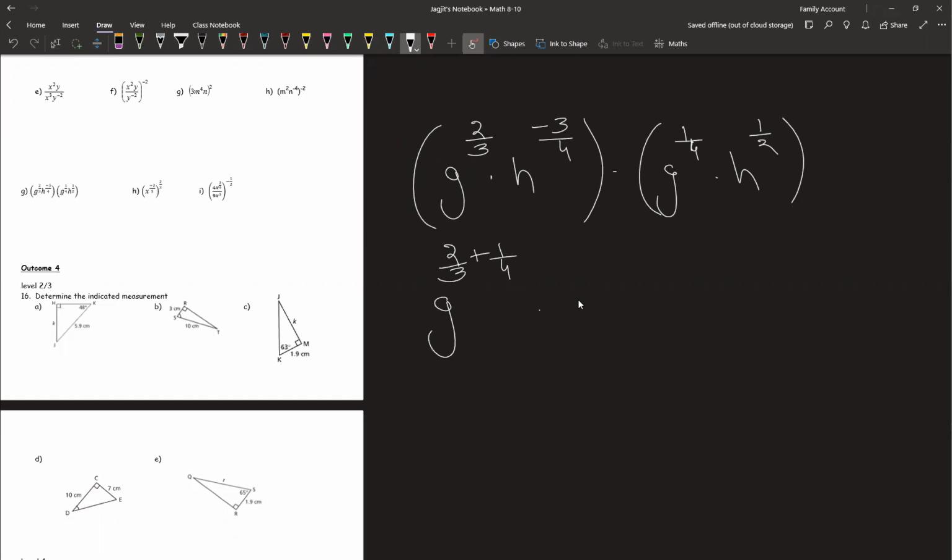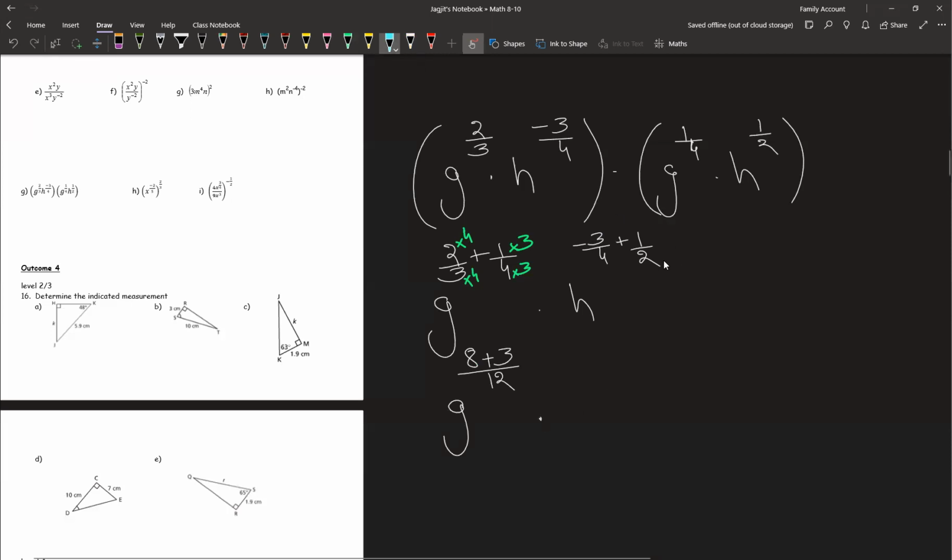And you would add the powers of the h terms. So that would be minus 3 over 4 plus 1 over 2. Clearly, we got to get the common denominator. The common denominator of 3 and 4 is 12. So we got to multiply this by 4 and this by 4. And we got to multiply this by 3 and the numerator by 3. So I get g to the power 8 over 12 plus 3 over 12, or 8 plus 3 all over 12.